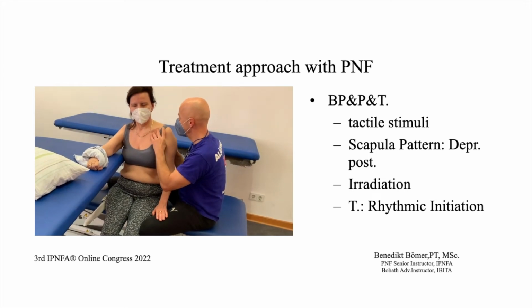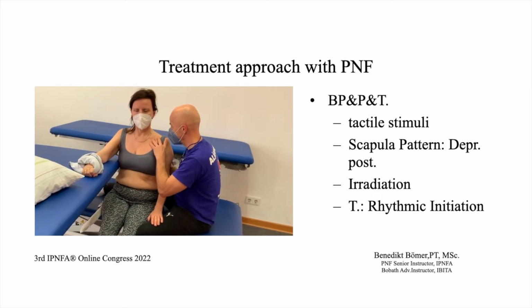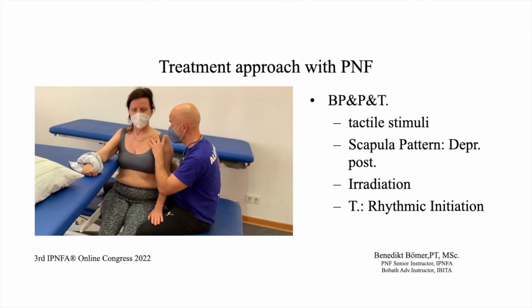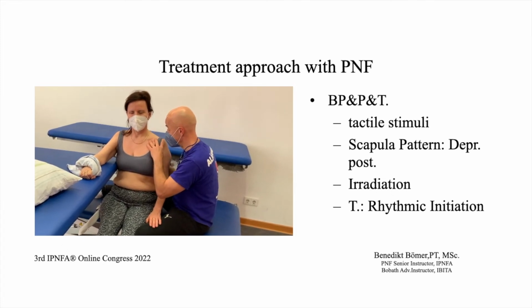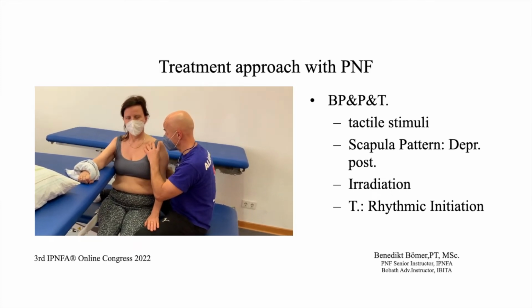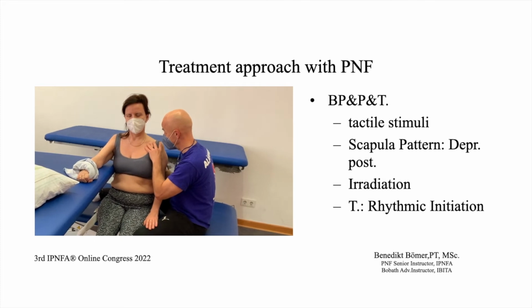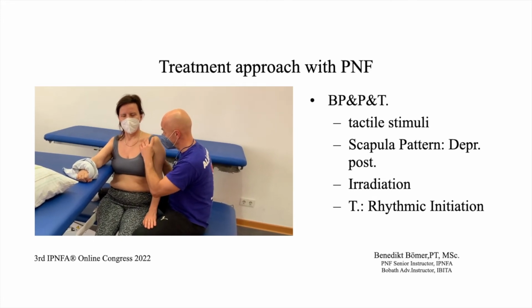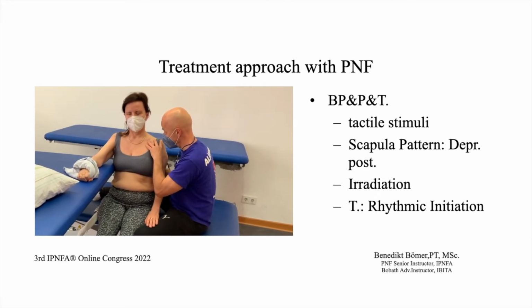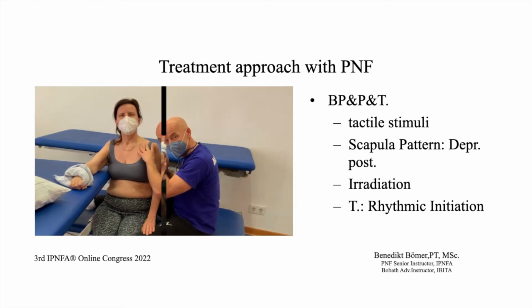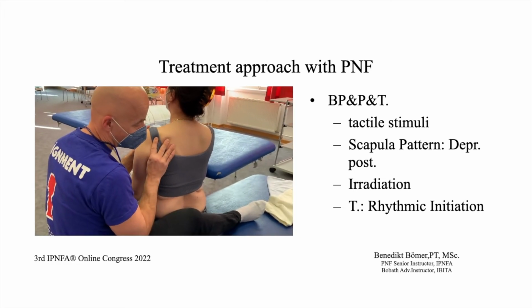I arrange the environment by putting a table on the right side to provide more stability. The arm is placed on the base of support and she has a towel in her hand as proprioceptive information.